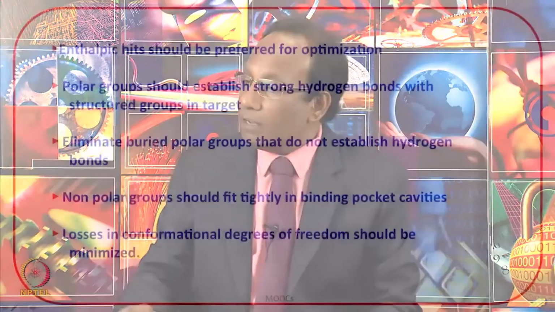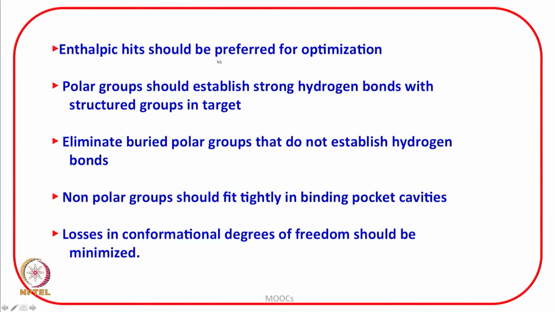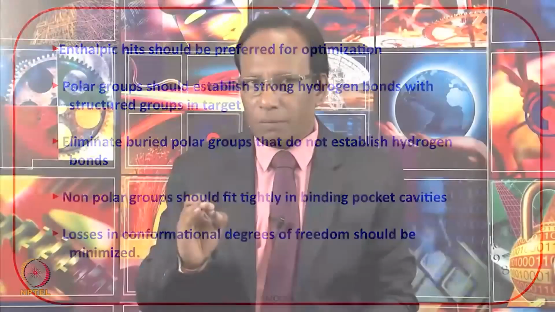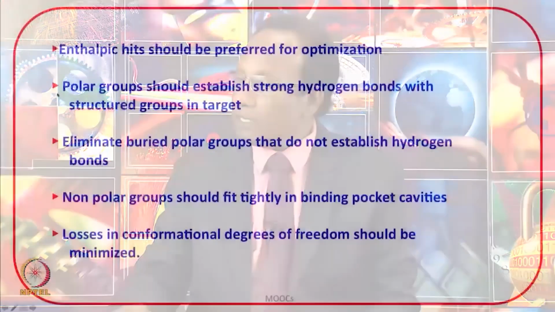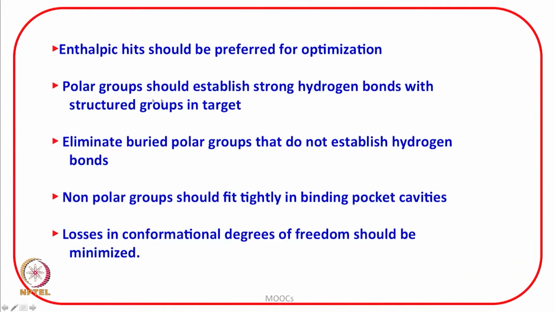Enthalpic hits should be preferred for optimization. This is what our discussion has led to: enthalpic hits mean more exothermicity in the binding, and this can be achieved by introducing polar groups which should establish strong hydrogen bonds with the structured groups in the target.